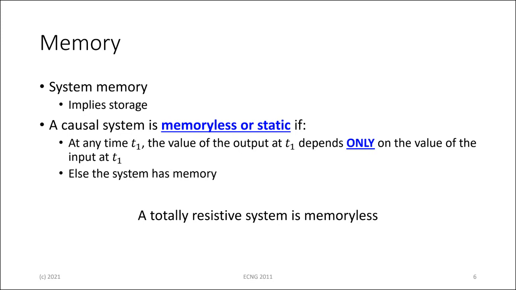It doesn't depend on something that has happened before. So resistive systems, a network of resistors for argument's sake, is memoryless. The current or voltage through a particular resistor at a time only depends on the value of the input at that point in time. It doesn't matter what happened any time in the past.